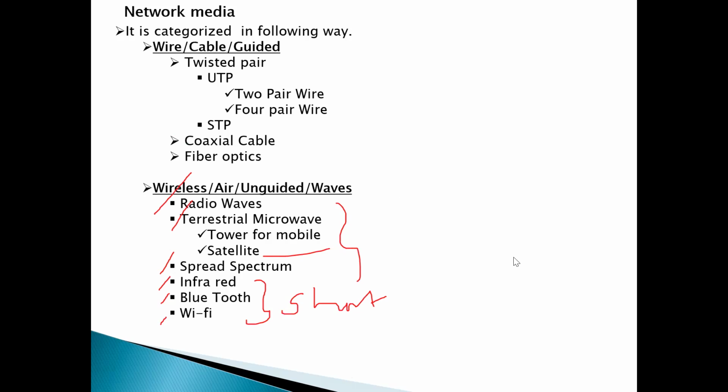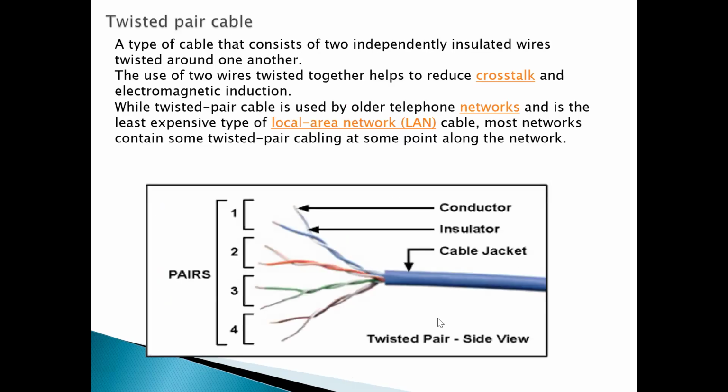This is the twisted pair cable, which is normally used in computers. It is a type of cable that consists of two independently insulated wires twisted around one another. So each pair will have two wires twisted around each other.